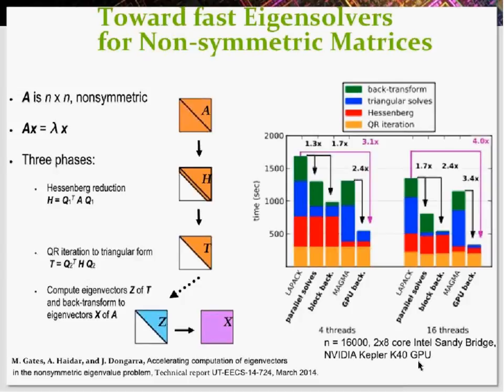Orthogonal transformations do not change the eigenvalues of the matrix. That's why when you find eigenvalues of the reduced matrix, those will be eigenvalues of the original one.